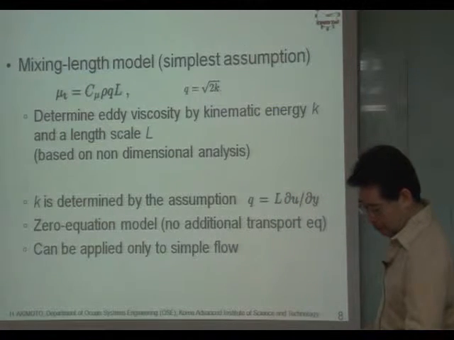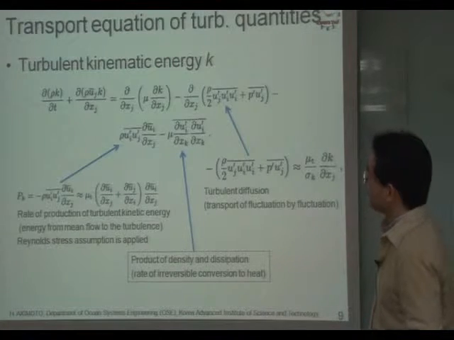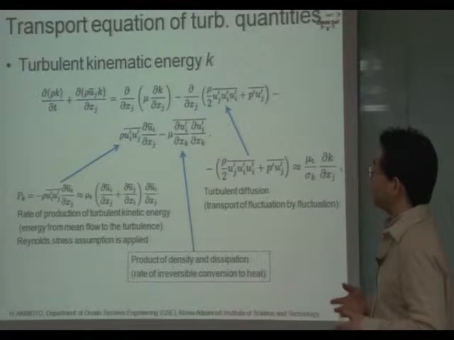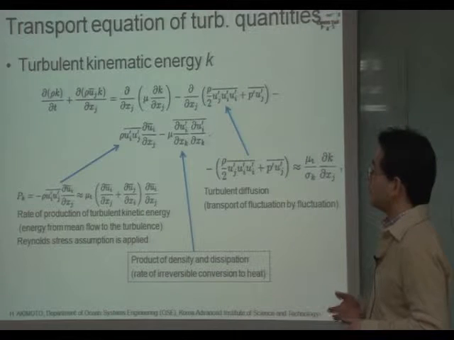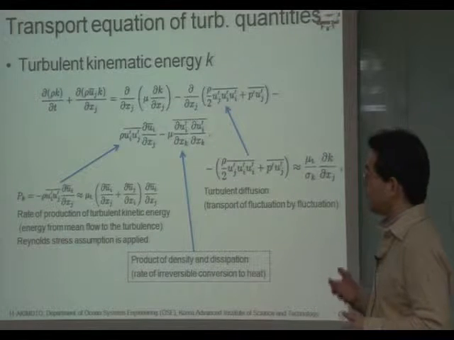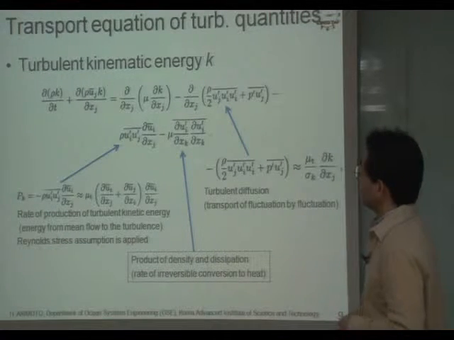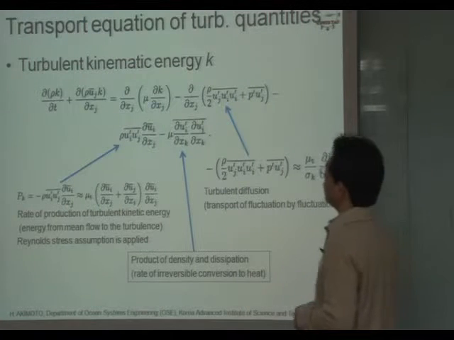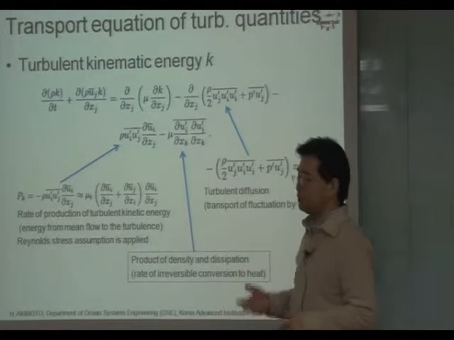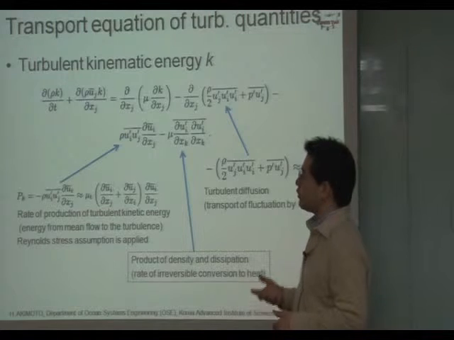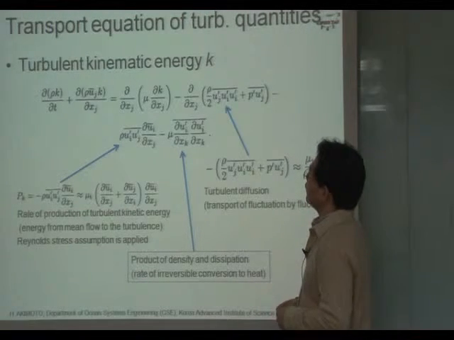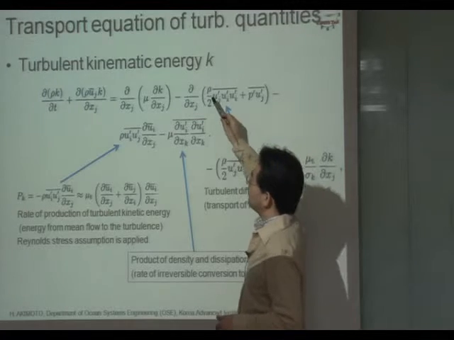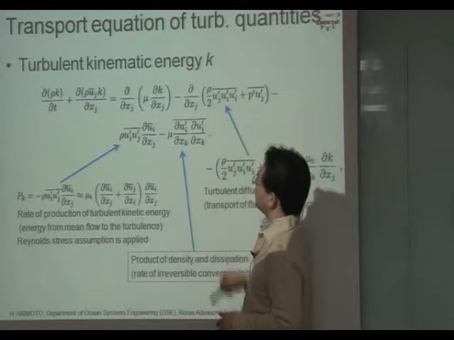But if we can provide additional equations, it will provide a more sophisticated, more accurate evaluation of turbulent effect. Actually, I will introduce two additional transport equations. The first one is turbulent kinematic energy K.